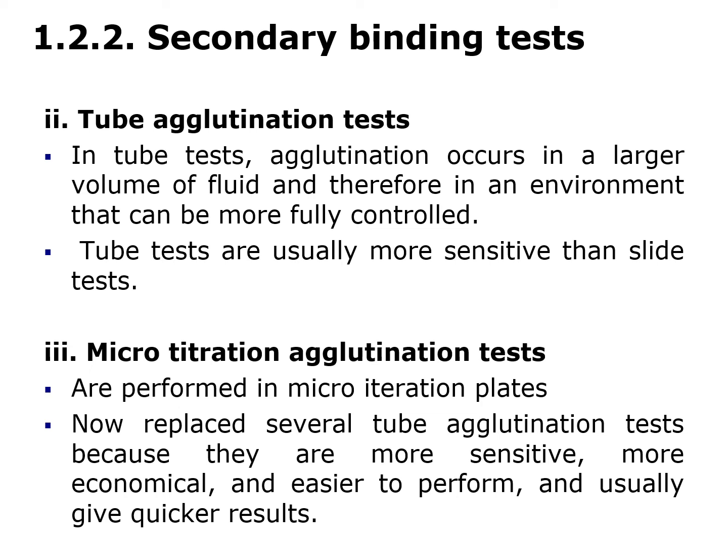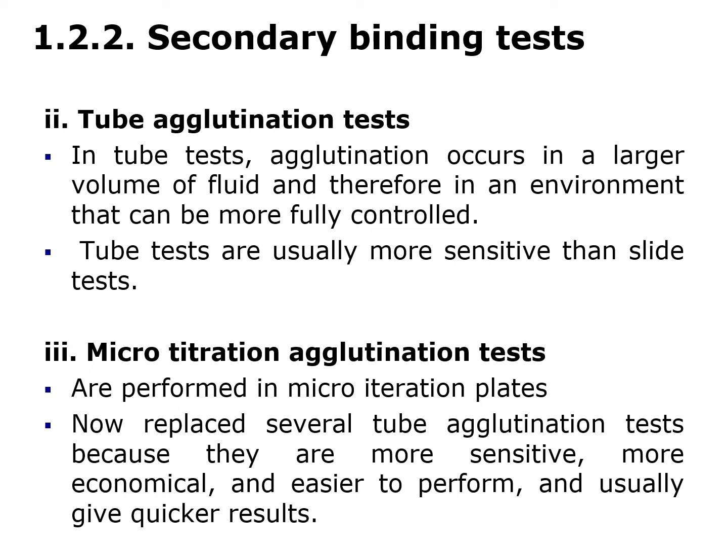Right, so tube agglutination is very much the same, except that instead of using the slide, where of course we have to use a stick to mix the sample, we use test tubes. They are more sensitive because a larger amount of liquid is necessary to perform this test.